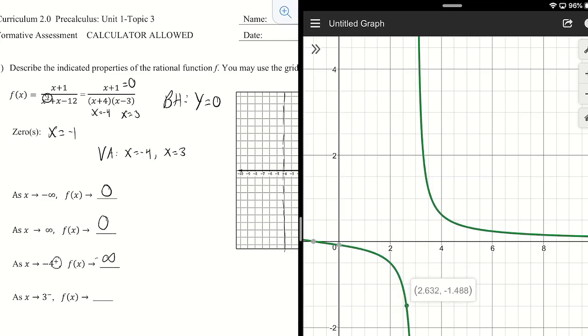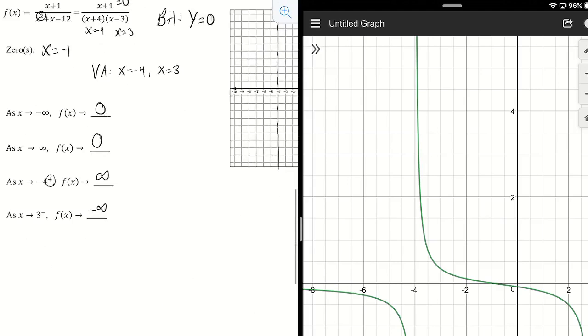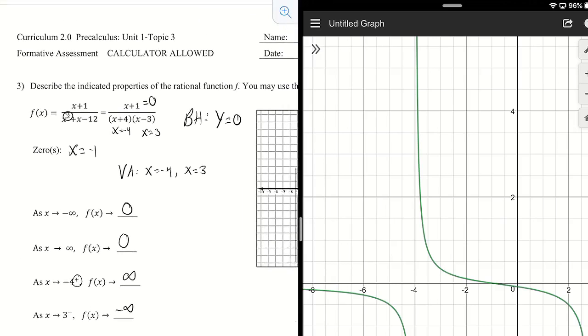Looking at it from the left-hand side, this is going down, down, down, so down to negative infinity. So this is supposed to be positive infinity, and the other one is supposed to be negative infinity. Okay, and I think that is it.